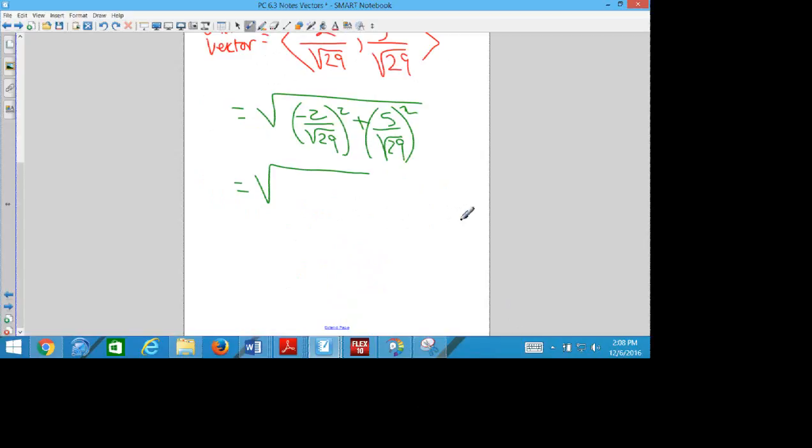So I get the square root of 4 over 29 plus 25 over 29, which is the square root of 29 over 29, which is 1. So we had to verify that the magnitude was 1.